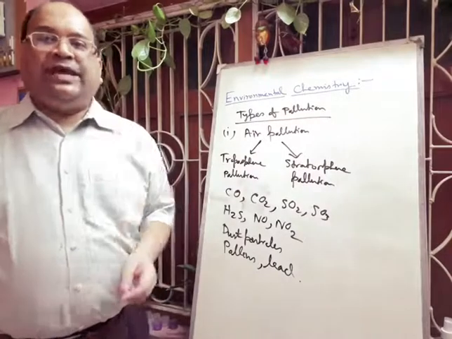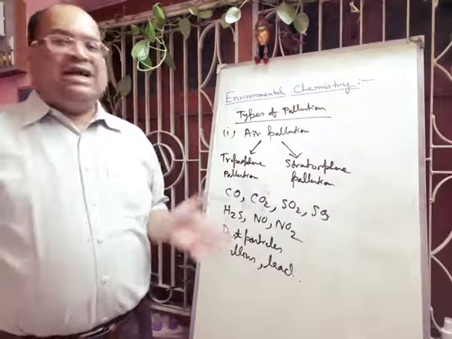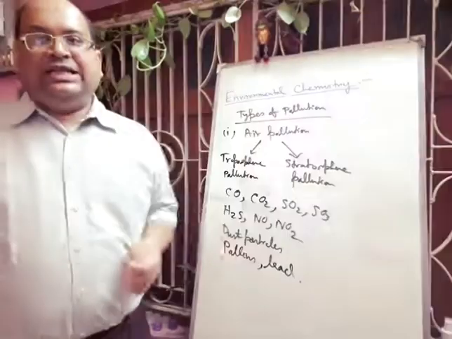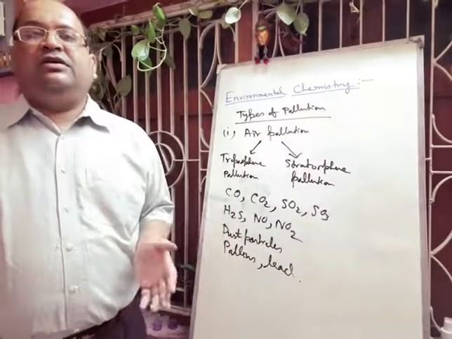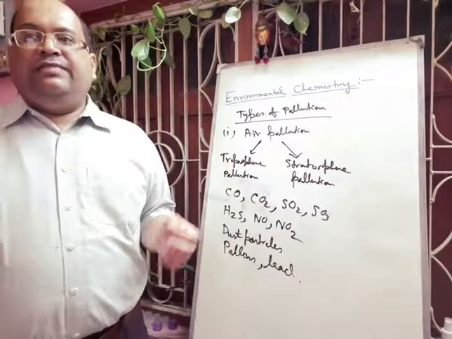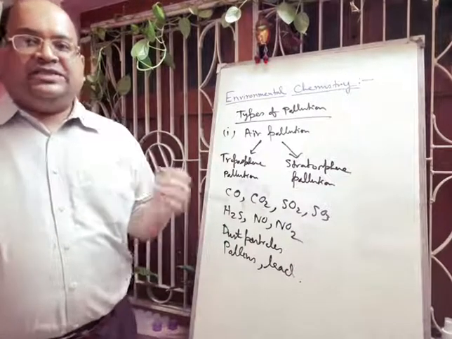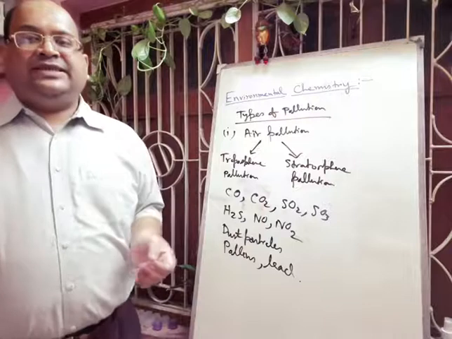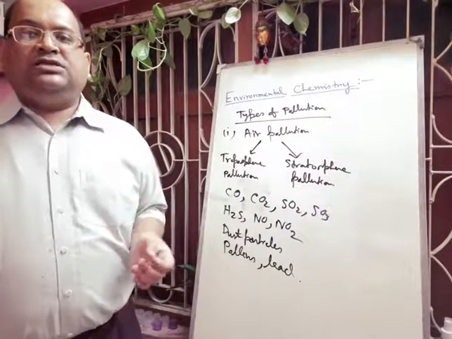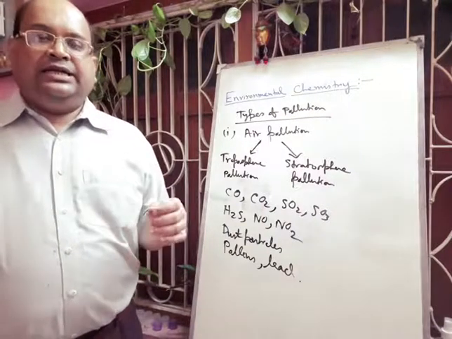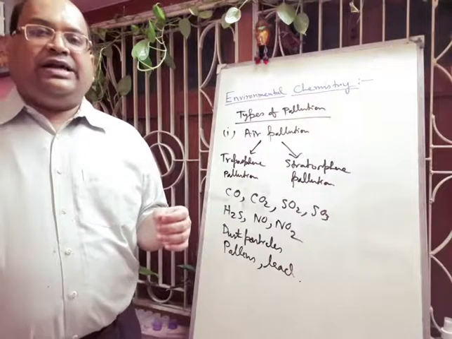And sources of air pollution, there may be natural sources. The natural sources of air pollution are volcanic eruptions emitting poisonous gases, vegetation decay, forest fires, pollen dispersal, wind erosion of soils, and natural radioactivity.